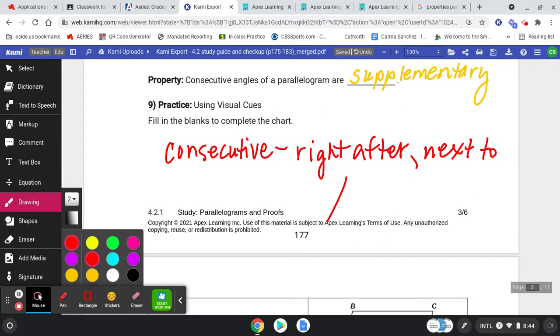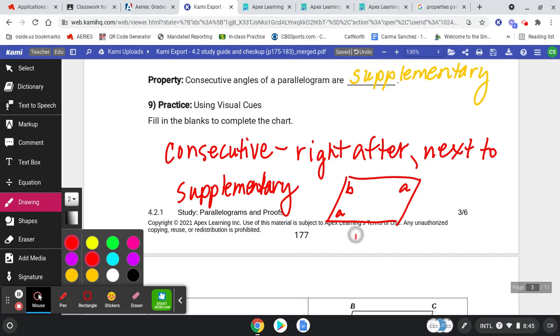So if I've got a parallelogram, the consecutive angles would be like angle A and B, the angles right next to each other. So these two angles are not equal. These angles across are equal. So what does that mean about the consecutive angles, A and B? It means that they are supplementary. Consecutive angles of a parallelogram are supplementary.